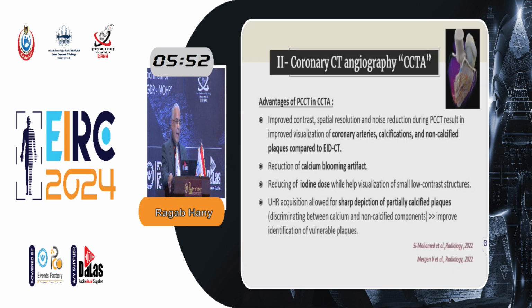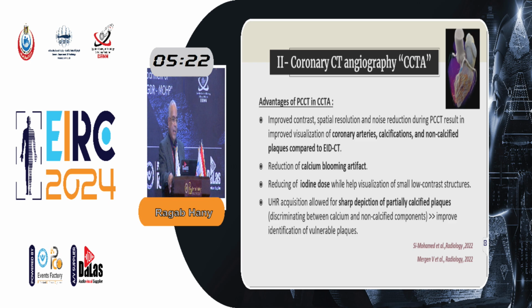Regarding coronary CT scan, we have many advantages with a photon counting CT scan. First, we have improved contrast, improved spatial resolution, and also reduction of the noise. And this will allow us to see the small vessels and also to detect small calcification and characterize non-calcified plaques compared to the energy integrating detector CT scan.